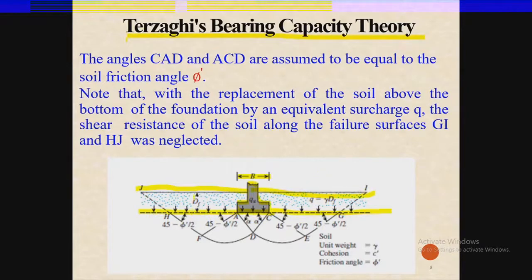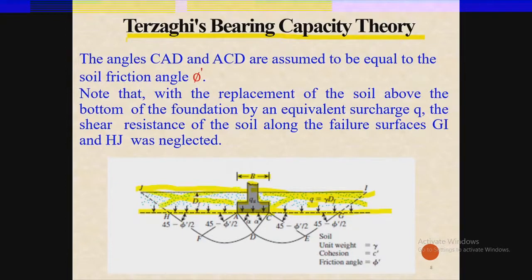He replaced the soil above the bottom of the foundation by an equivalent surcharge pressure, q = γ Df, where γ is the unit weight of the soil above the base of the foundation. He also assumed there is no shear resistance of the soil in this particular zone.